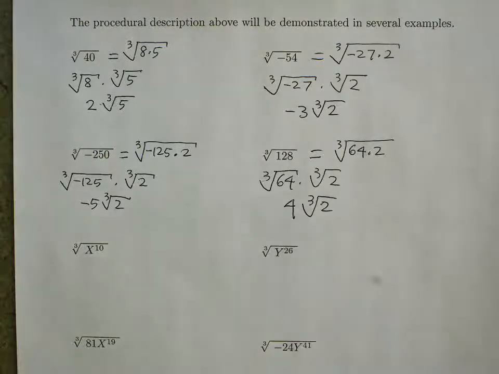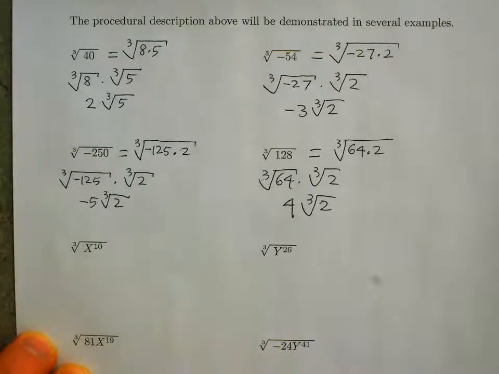If the exponent is a multiple of 3, then it's considered a perfect cube or a perfect third power. 10 is not a multiple of 3, but 9 is, and x to the 10th is x to the 9th times x.